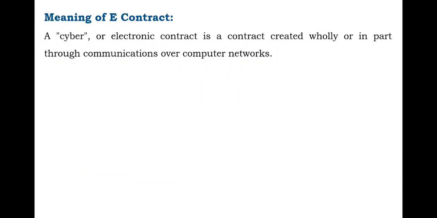So the offer and acceptance, the order and acceptance, everything is done online using computer networks. That is, an electronic contract is a contract created through the internet.